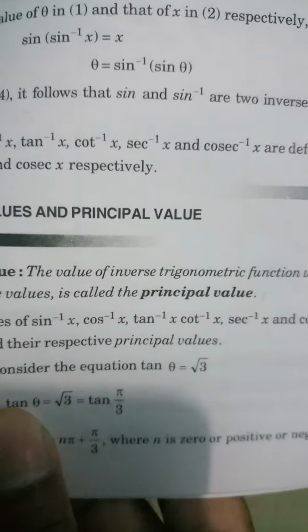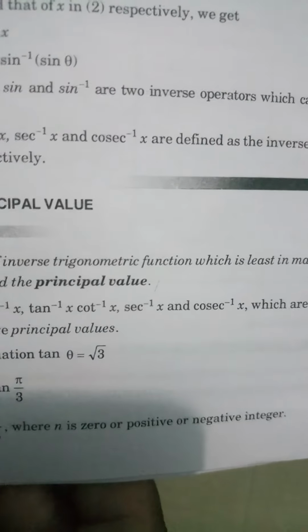Thus the values of sine inverse x, cos inverse x, tan inverse x, cot inverse x, secant inverse x, cosecant inverse x, which are least in magnitude, are called their respective principal values. For example, consider the equation tangent theta equal to under root 3. Now tangent theta equal to under root 3 equal to tangent pi by 3.